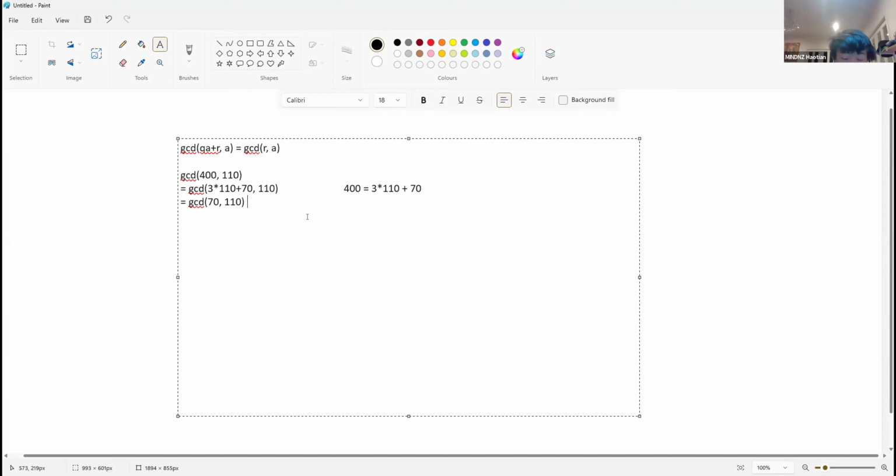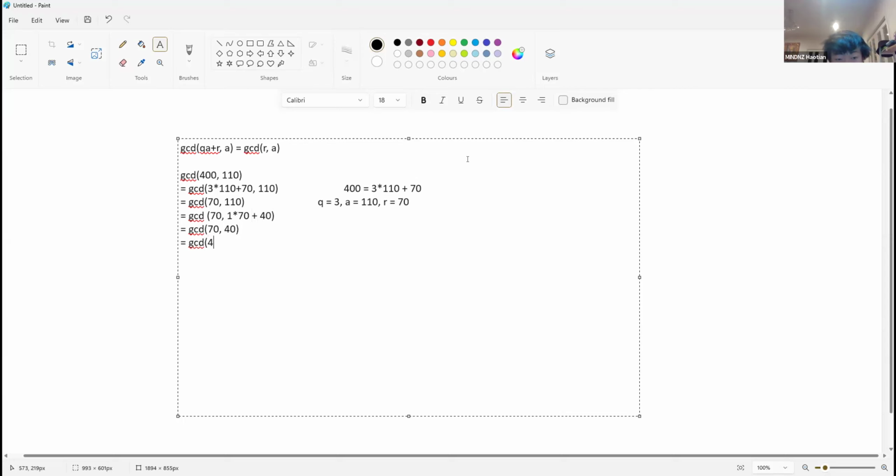Okay, and that's because we got Q is equal to 3, A is equal to 110, and R is equal to 70, right? Q times A plus R and A. And now this is equal to GCD of 70 and 1 times 70 plus 40, which is equal to GCD of 70 and 40.